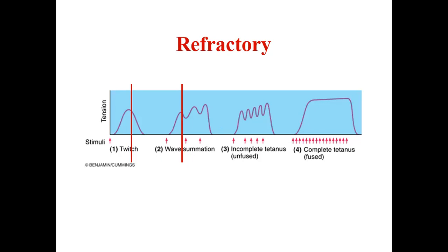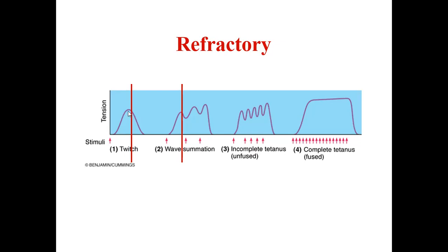Now for muscle, we also have a refractory period. It is the period during which you are trying to replenish, trying to put back the calcium where it should be. So this period is what we are calling the refractory period of the muscle.